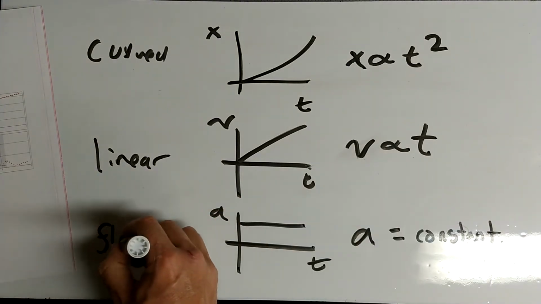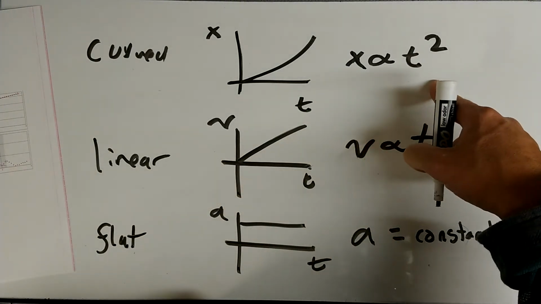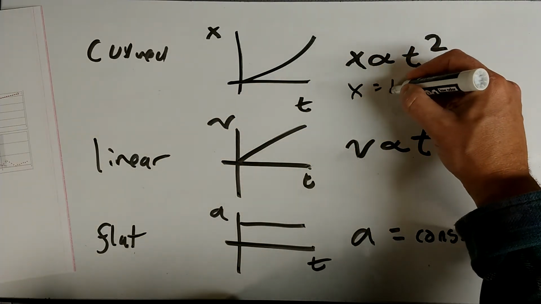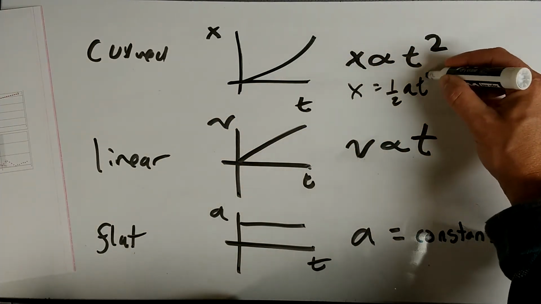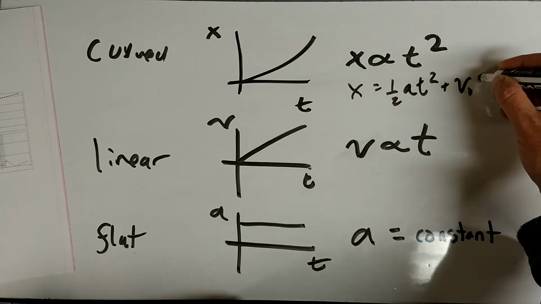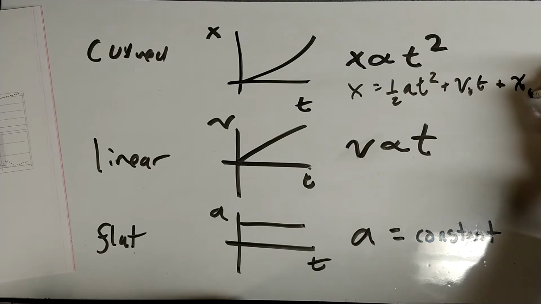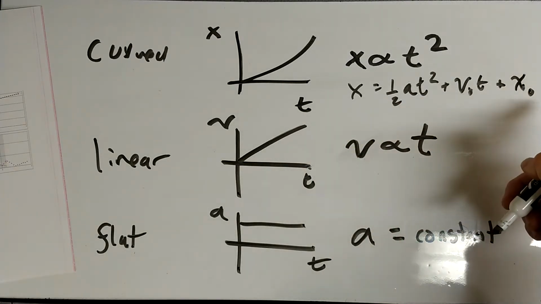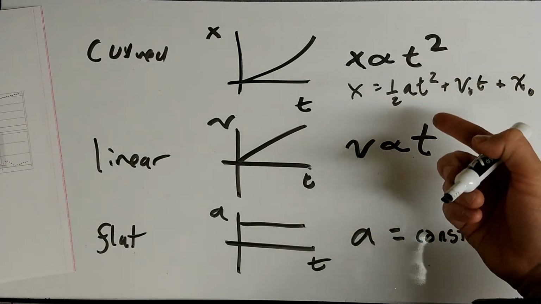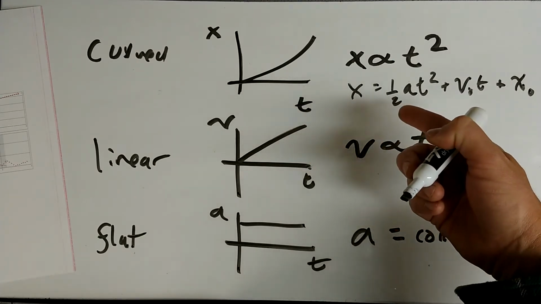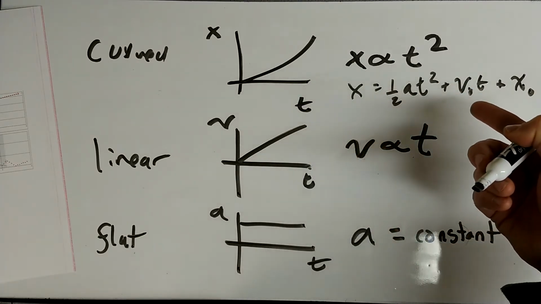Flat. So the format of this function ends up being x equals 1/2 at squared plus v naught t plus x naught. It's a general quadratic form. Now, last year in Physics 11H, we said d, or delta x, equals 1/2 at squared plus v naught t.